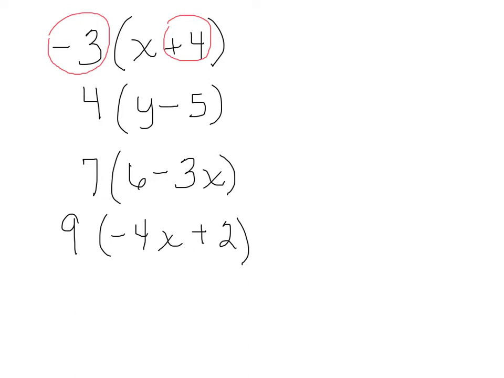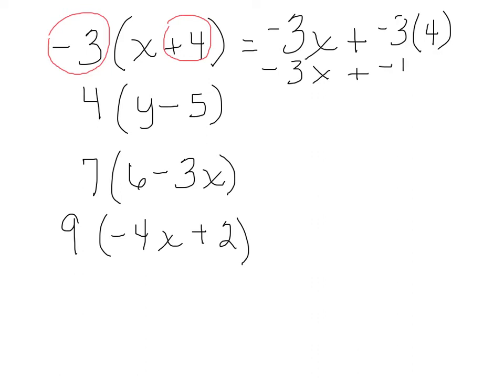So negative 3x plus, this is negative 3 times positive 4. Okay, I have to take the negative with me. So this would simplify to plus negative 12, or, as you know, negative 3x minus 12. Minus 12 and plus a negative 12 mean the same thing.